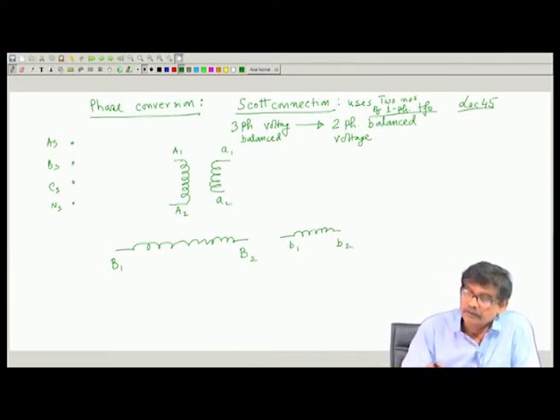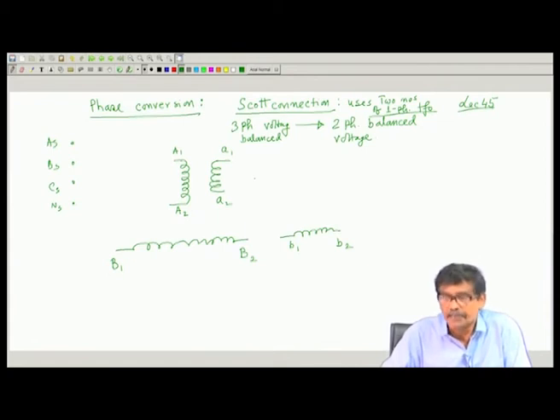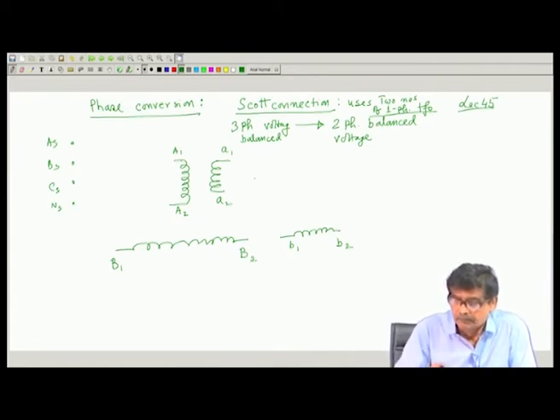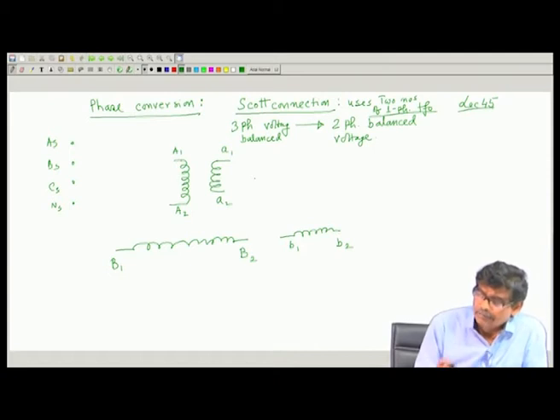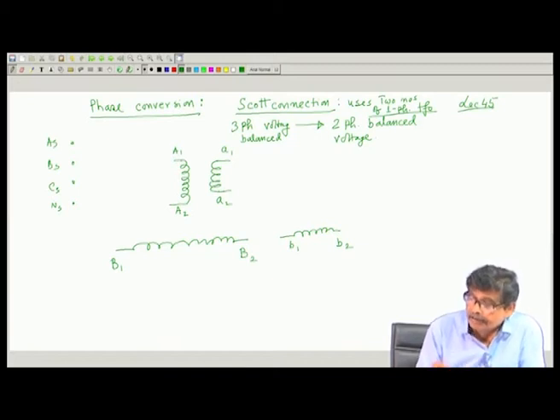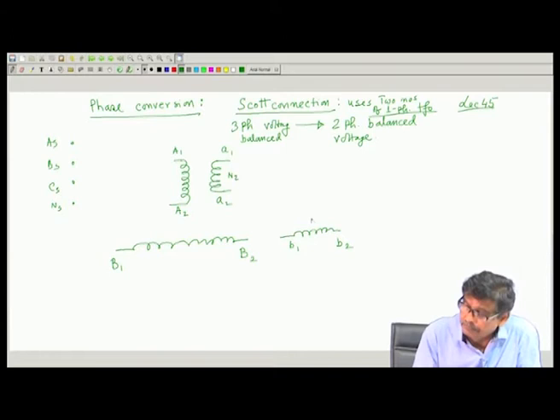Now, we require 2 transformers, one is transformer A, another is transformer B. Now, are these 2 transformers identical? Really not. What happens is this, you select these 2 transformers in such a way that the secondary turns are equal, N 2 and N 2.